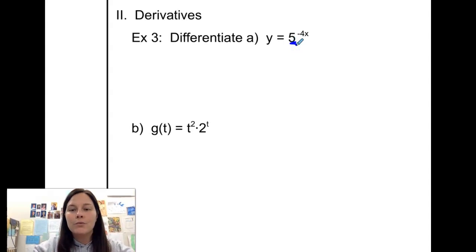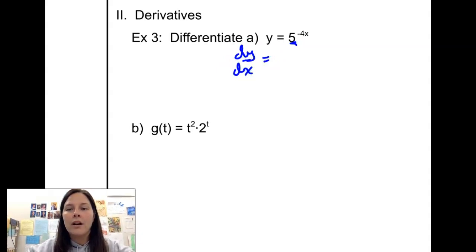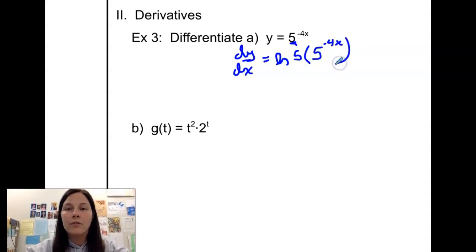All right, so taking the derivative of both sides, dy dx, and the derivative of an exponential that does not have base e is going to be natural log of the base times the exponential itself, very similar to how the derivative of e to the x is e to the x, and then times chain rule, that derivative of the power.